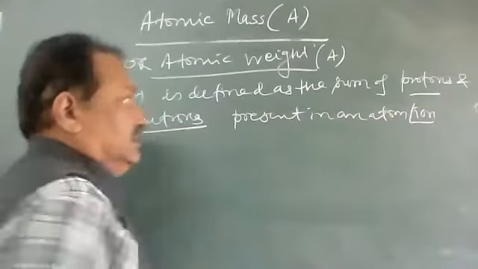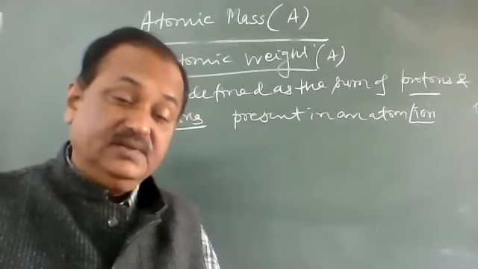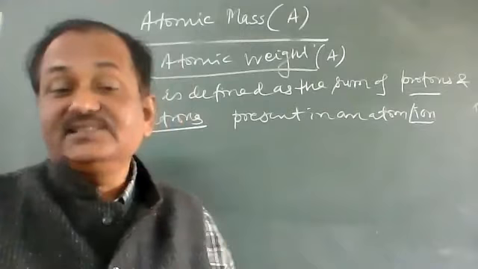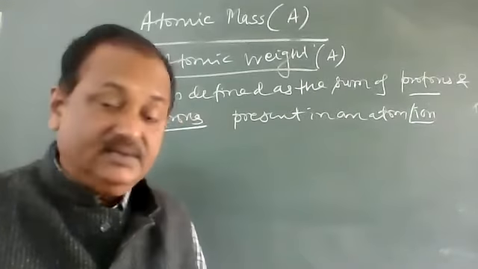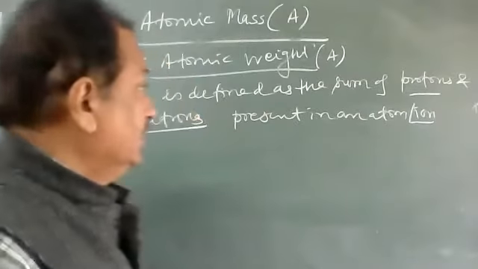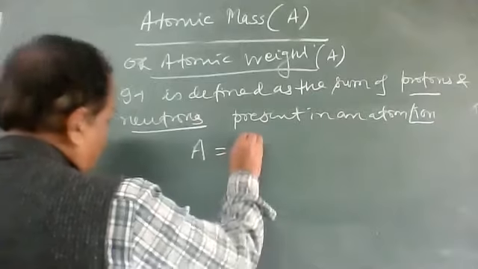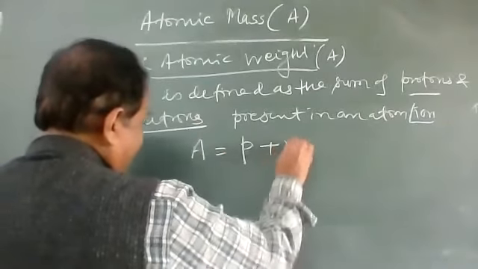The protons, neutrons, electrons decide any ion or any atom. So this is very significant. Now, A is equal to P plus N.